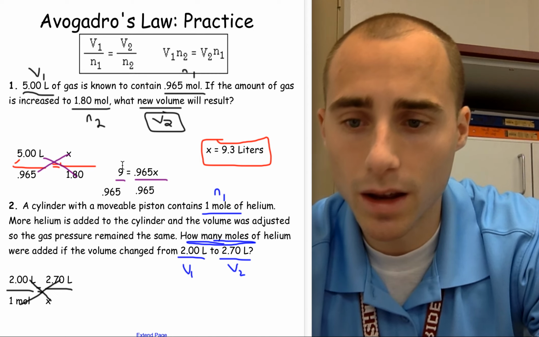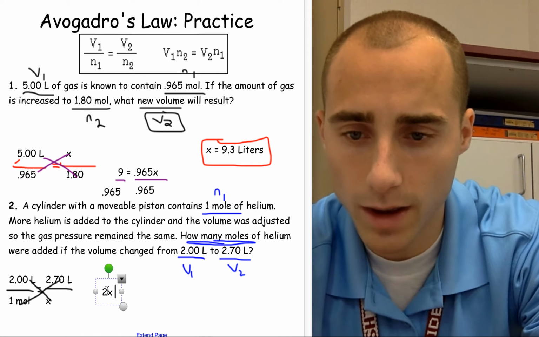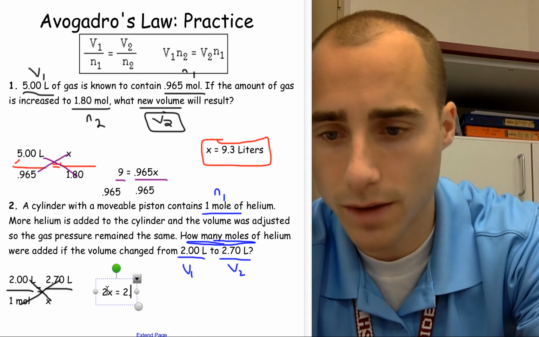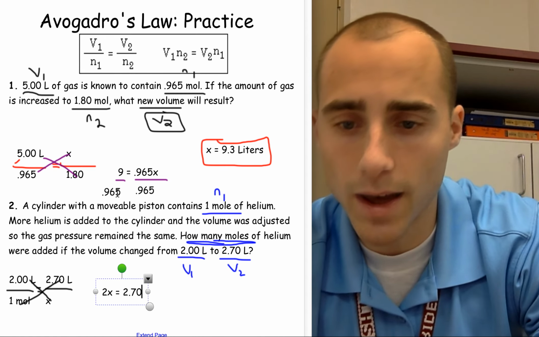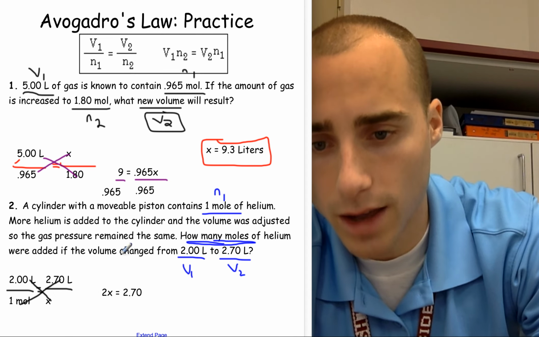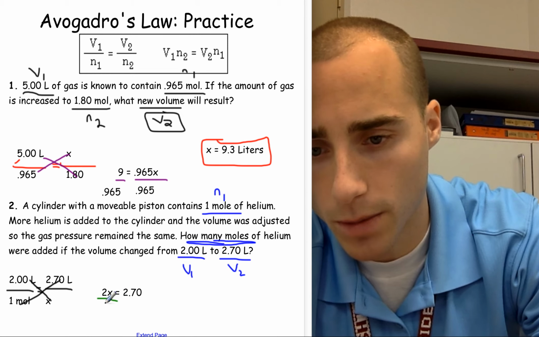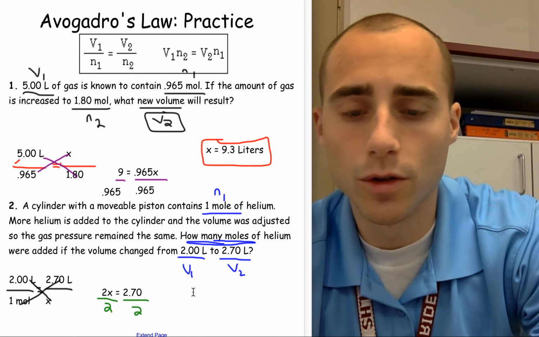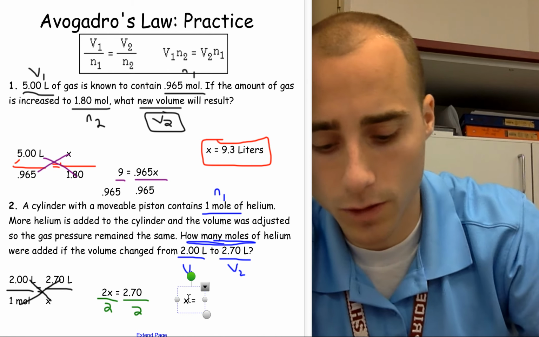You end up getting 2x equals 2.70. Divide each side by 2. So we would take our marker here and divide by 2 right there, and divide by 2 right here to get the x by itself. So you do 2.7 divided by 2 to solve for x.